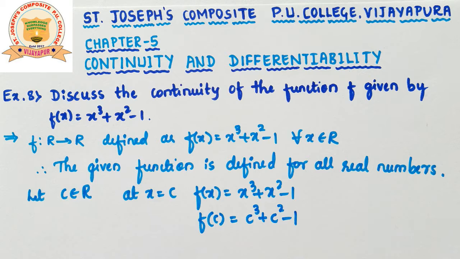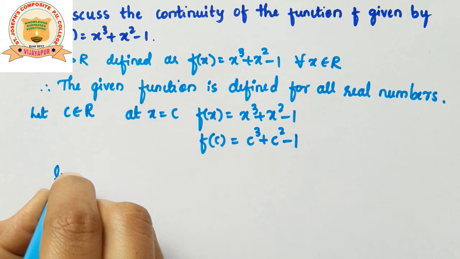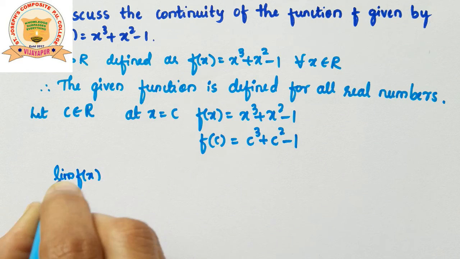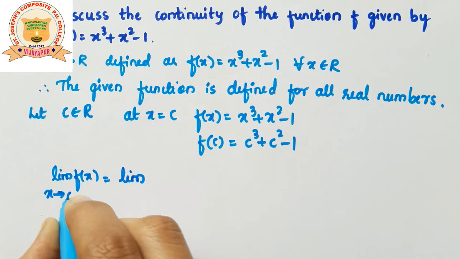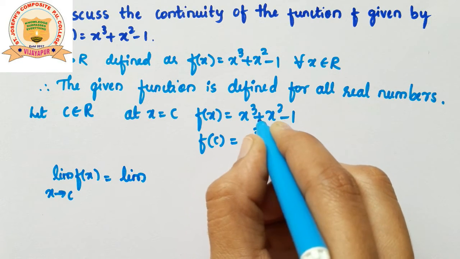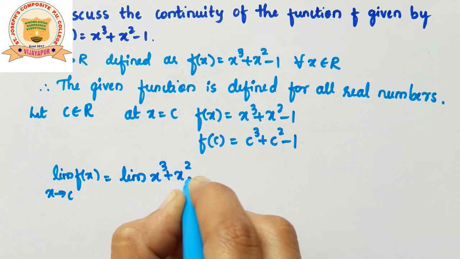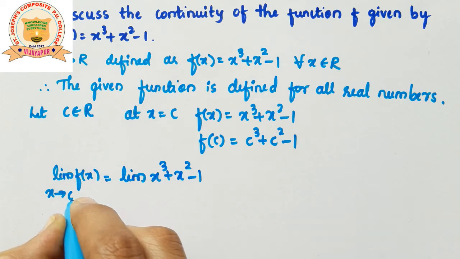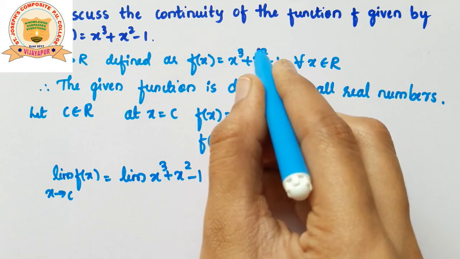Next, we have to find the limit of the function as x tends to c. That is, limit of f of x as x tends to c is equal to limit as x approaches c of x cube plus x square minus 1. Here c is a general real number. For all the real numbers, the functional value is the same, that is x cube plus x square minus 1.